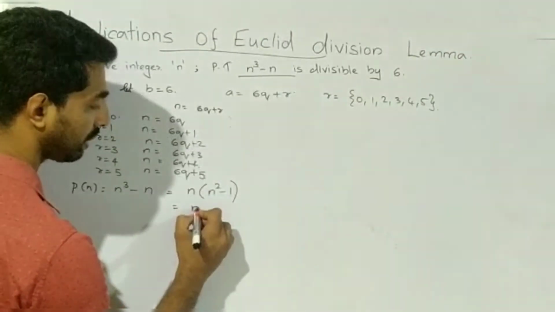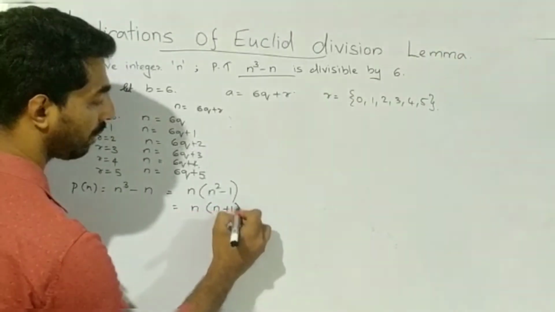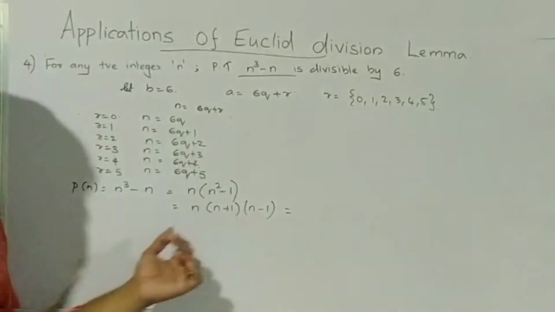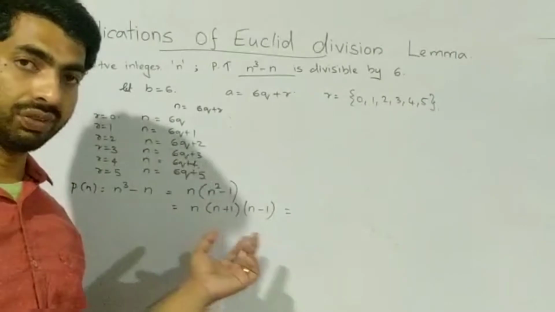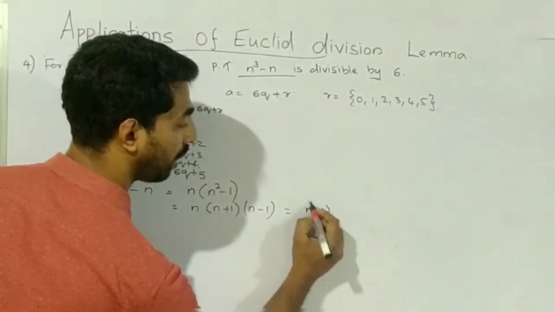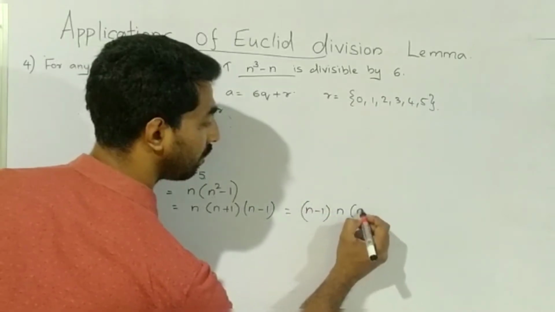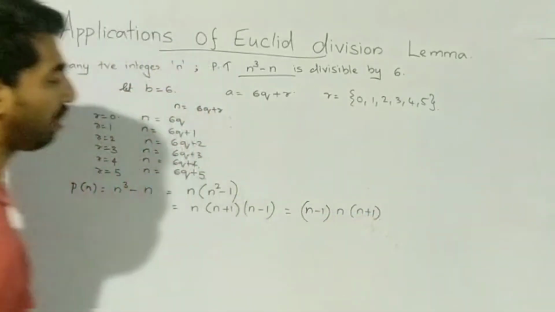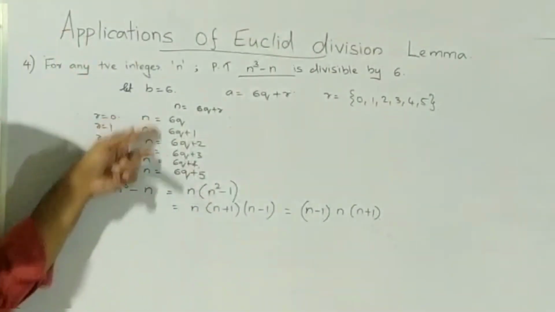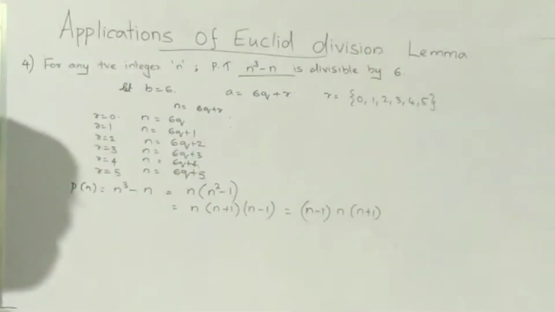And n square minus 1 can again be written as n plus 1 into n minus 1. Arranging it in order, n minus 1 into n into n plus 1, so that it will be easy to substitute.